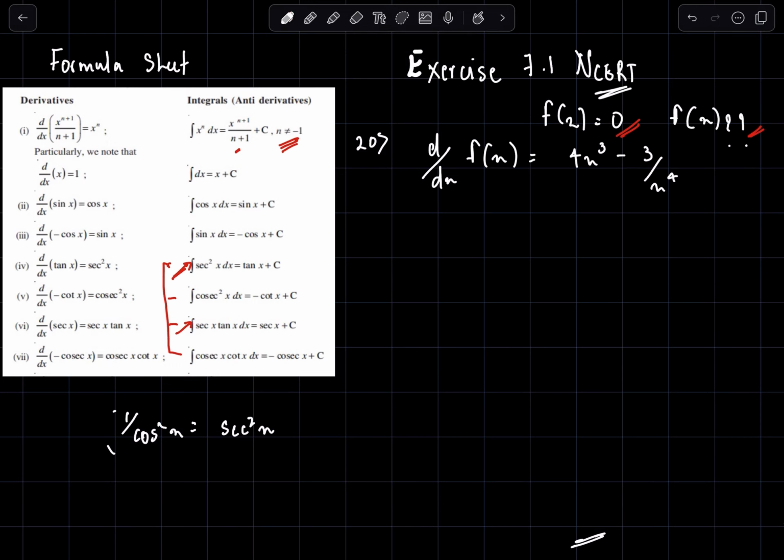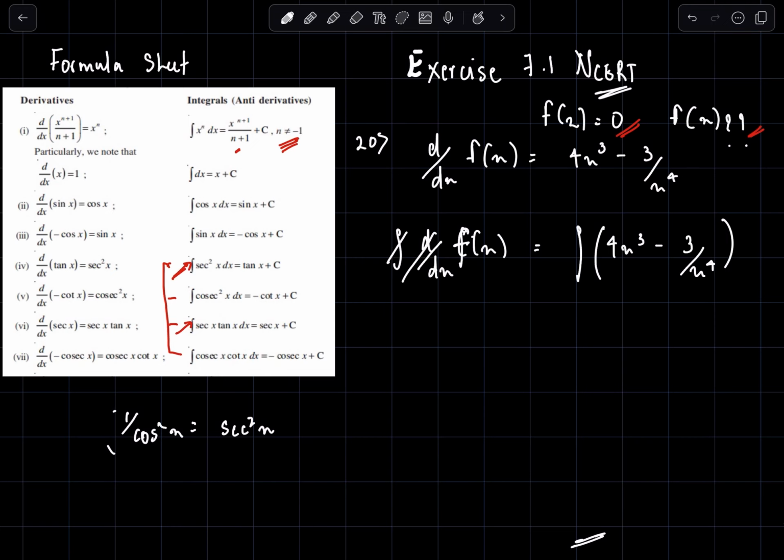Now, what if I integrate on both sides? To get f of x, I just have to integrate on both sides, because if I integrate, it removes the differential, right? Because the integral and differential cancel out each other since they're opposites of each other. So the integral of d by dx f of x is equal to the integral of 4x cubed minus 3 by x to the power 4 dx. Sorry, forgot the dx, my bad.